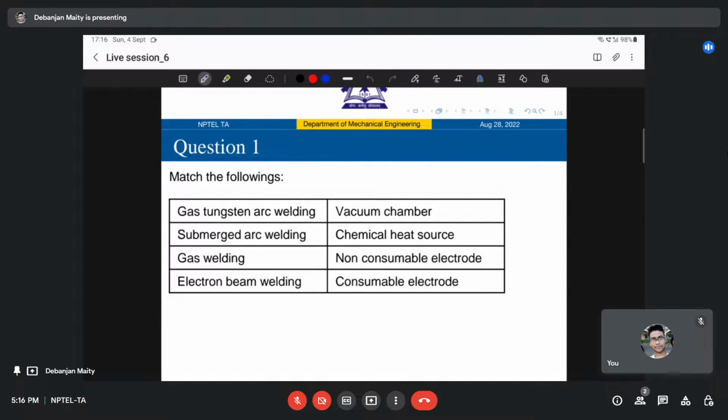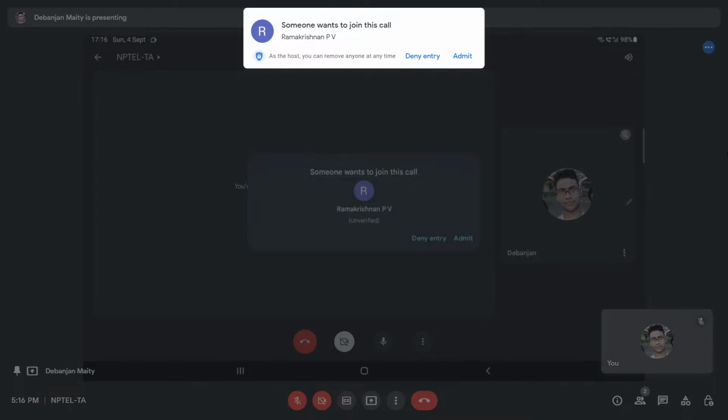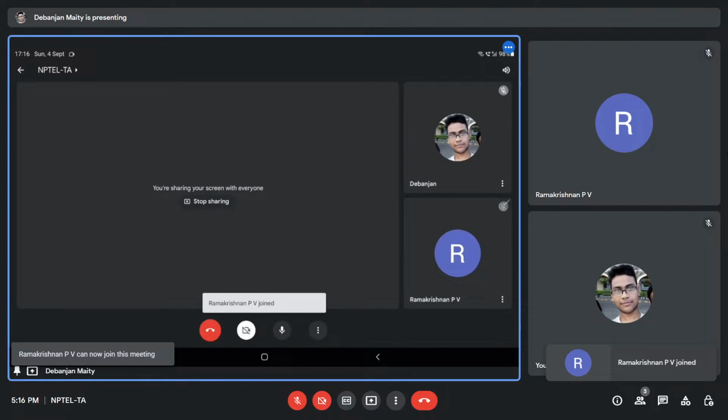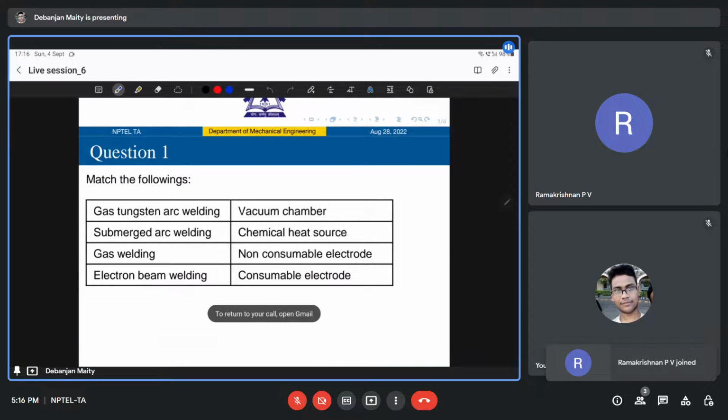This is not possible for metals such as aluminium and magnesium, where the oxide layers persist if the workpiece is used as the anode. So for gas tungsten arc welding, we generally use a non-consumable electrode.